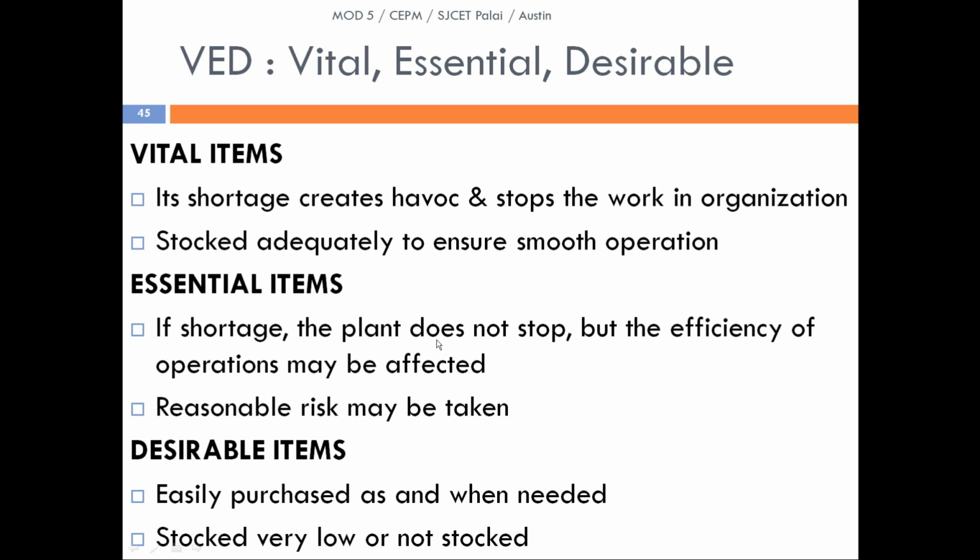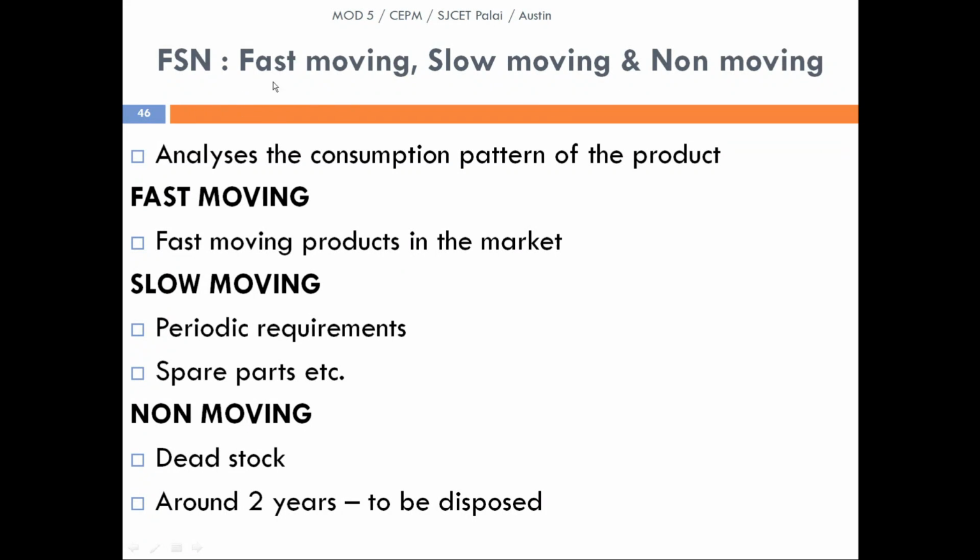Essential items, if shortage does not stop the work but the efficiency drops, so this also has to be taken into consideration. Reasonable risk may be taken. Desirable items can be purchased as and when needed. They do not create much problem. Even though these desirable items are not available, it does not interrupt the work at any point of time. So this is just an inferior method, the VED method.